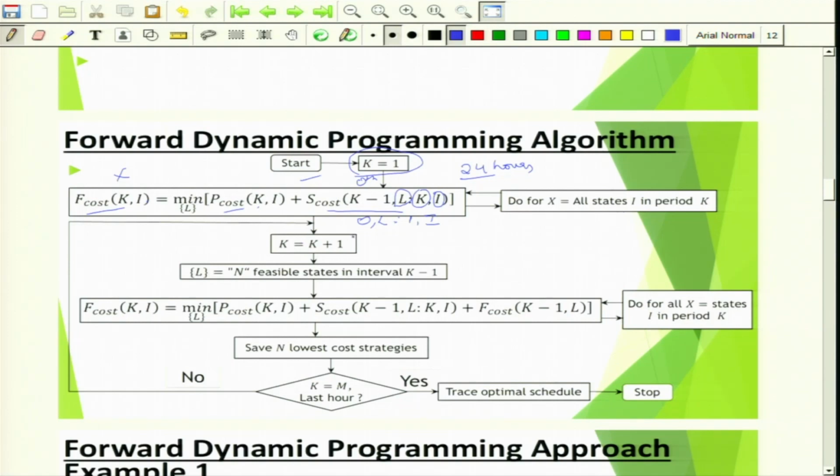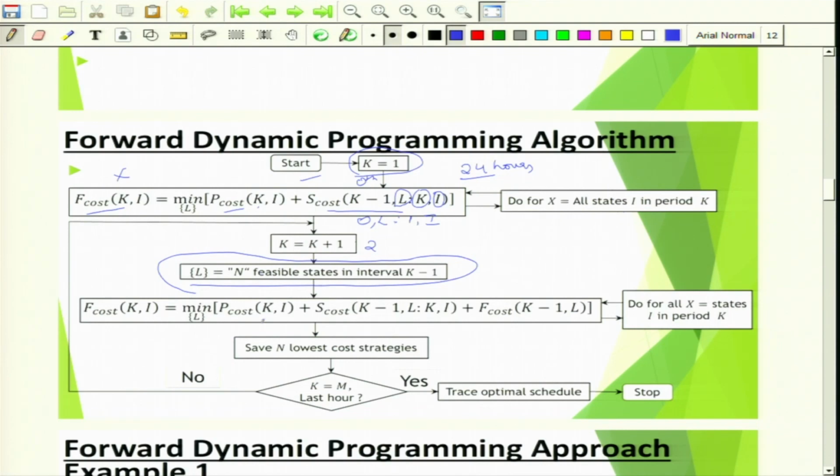And then you increase k to k plus 1. Now you go to the second interval, right? And you freeze the N feasible states in interval k minus 1. That's what I told. Here you are freezing the most economical states, which is L is equal to N, right?